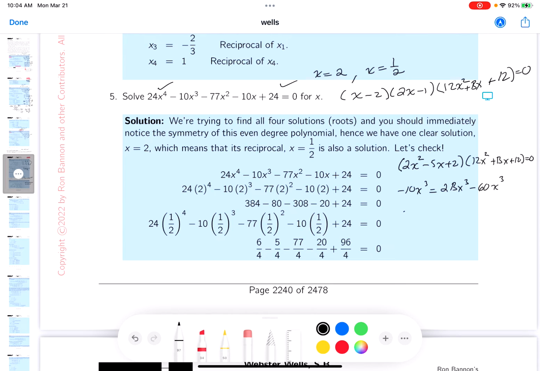So minus 10 equals 2b minus 60. 50 equals 2b, where b is 25.